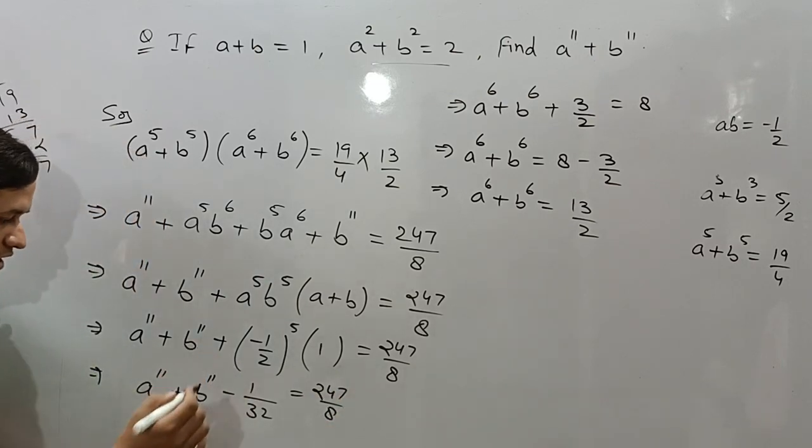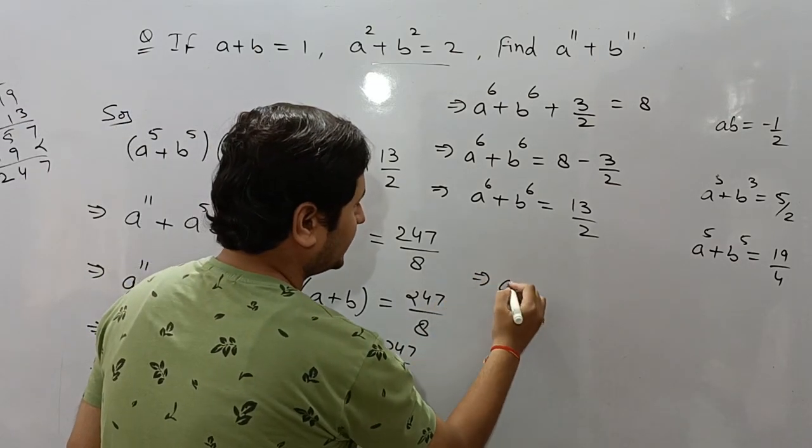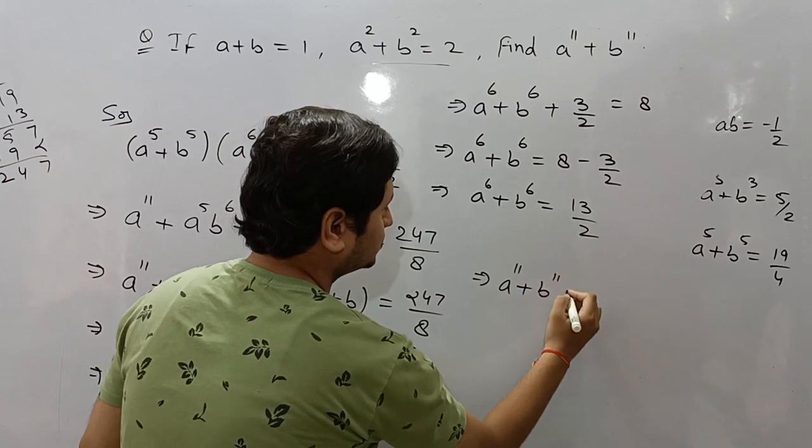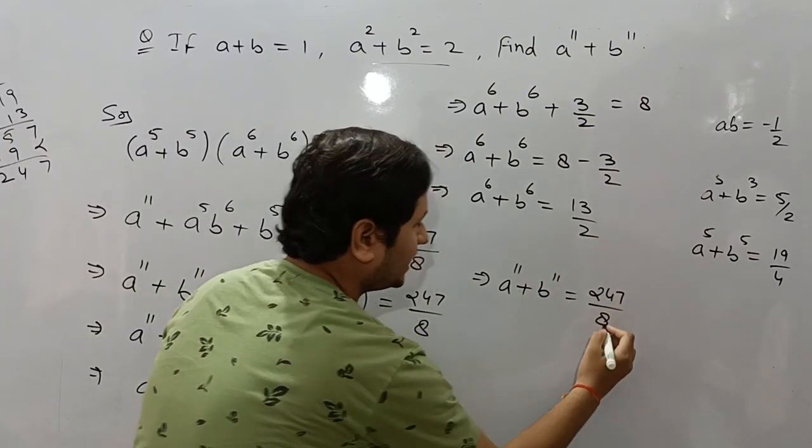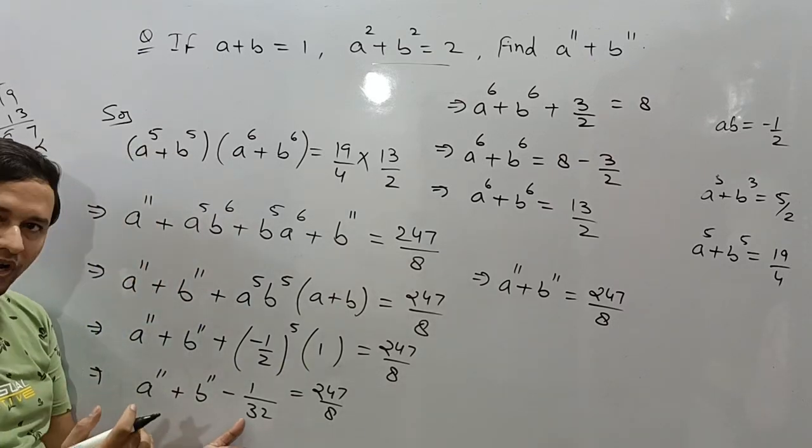247/8. So finally a^11 + b^11 is equal to 247/8, and this is minus 1/32.